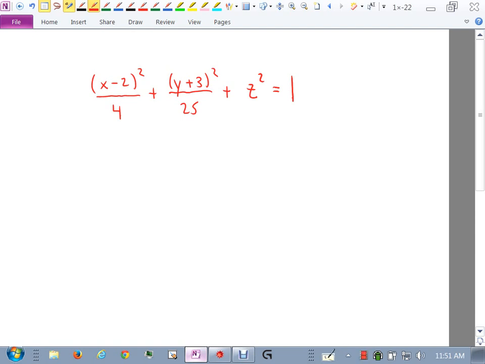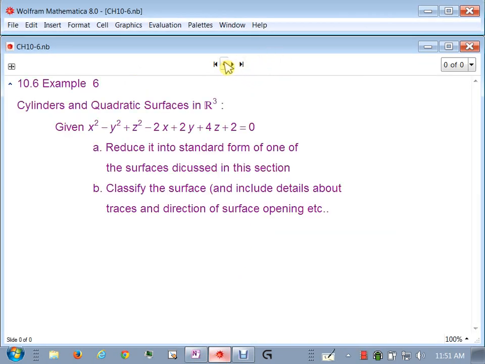But the center would be where? 2, negative 3, 0. Right? And you can tell that by just noticing that this is the part that gives you the shift, and then there's nothing here for a shift, so that's why it's 0. Make sense? Okay. That you can do for almost all the quadratic surfaces, as long as the center makes sense. So now let's go and take a look at these examples.